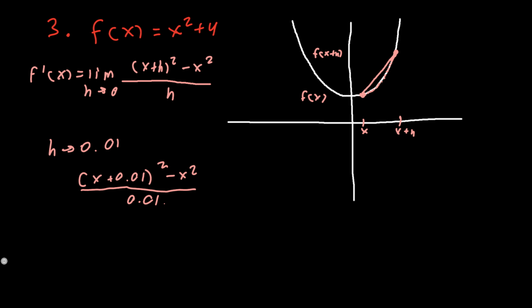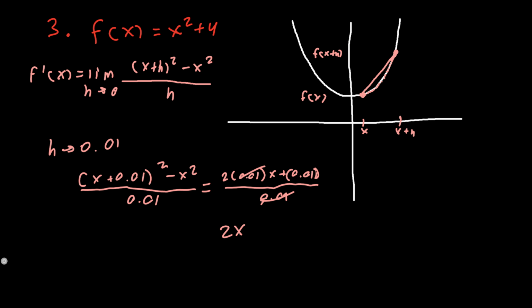And this is pretty much just going to be equal to x squared, and x squared are going to cancel out, so that goes away. And we're going to have 2 times 0.01 x plus 0.01 squared all over 0.01. And if we cancel this out, we could cancel everything out, which just leaves a 1 for the degree on the first one.